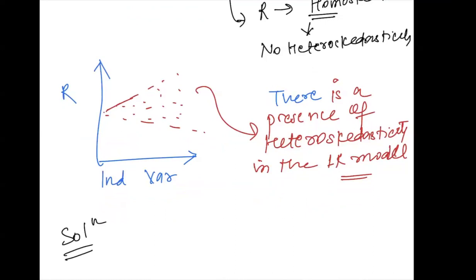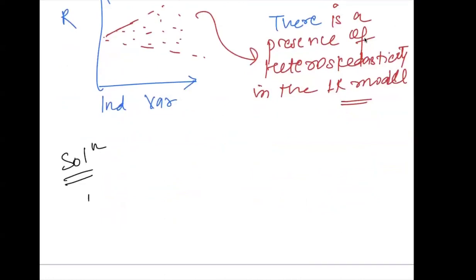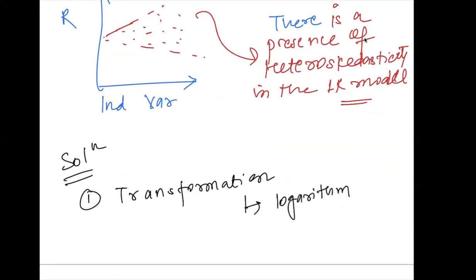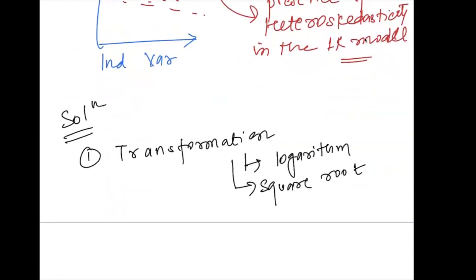So basically, there are some transformation techniques which you can use. You might be thinking, what kind of transformation? The transformation technique can be applying, let's say, a logarithm, or applying a square root, or some other transformation on your dependent variable, and this will help you remove your heteroscedasticity.